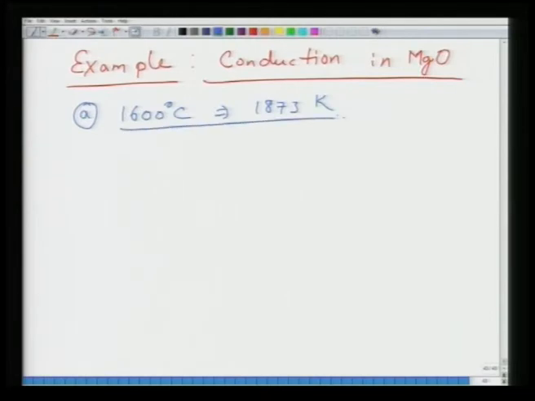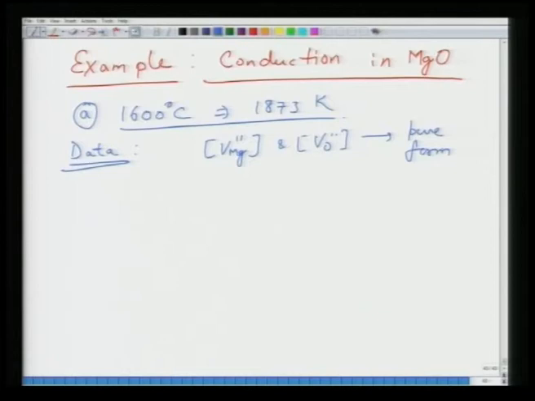Okay. Now, the data which is given is the concentration of Schottky defects. Magnesium oxide will have Schottky defects, which means V_Mg and V_O in the pure form, so V_Mg is equal to V_O. How will you calculate this?